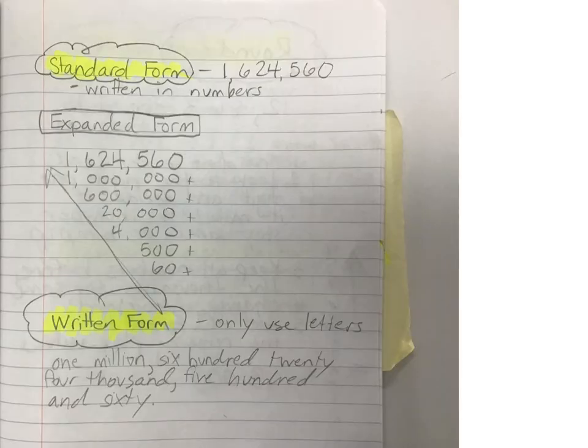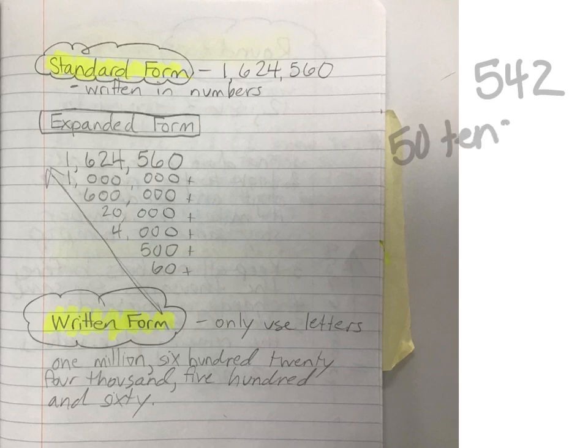When we ask you to write a number in standard form, that's just written in numbers. So if I say write 542, 542. If I say give me 50 tens, see if you can figure out what 50 tens is going to be.